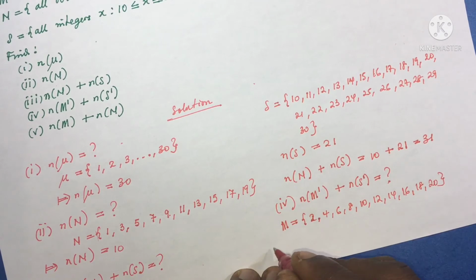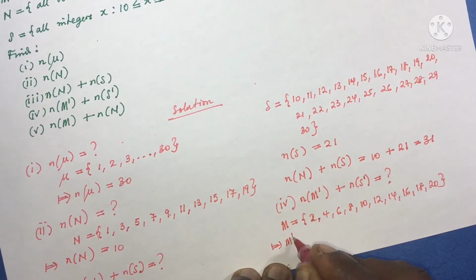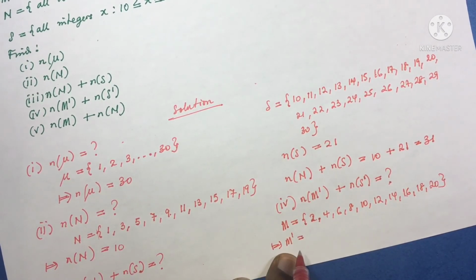and that implies that M prime will be the set containing all the numbers that are not found in M but found in the universal set.